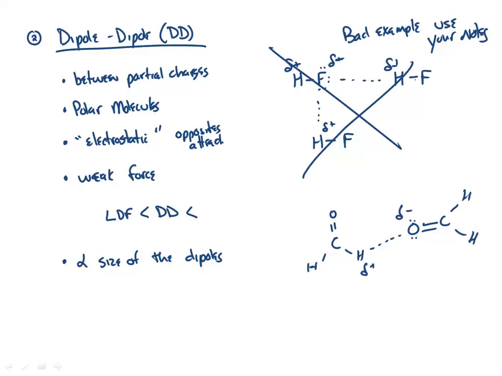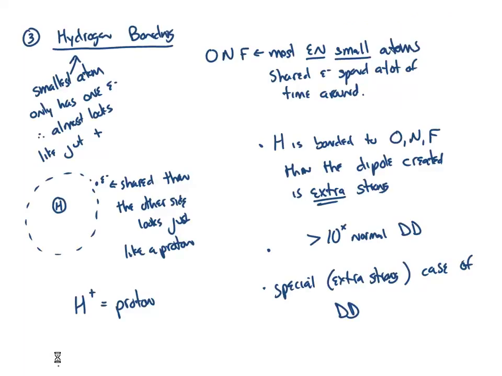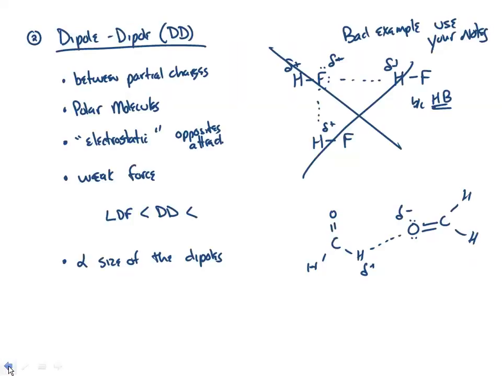See, this is a bad example because it's a hydrogen bond. Ugh, this is why I have notes. It's so I don't make stupid mistakes like that. And then the last attractive force, oh, come on.